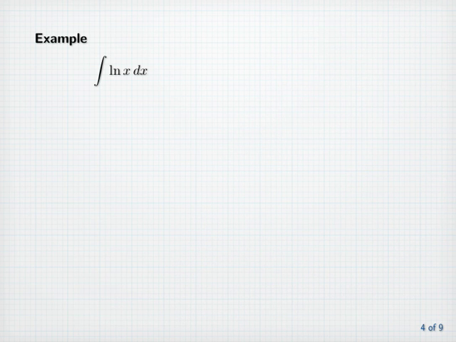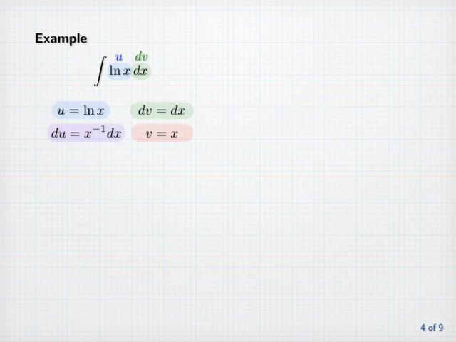Example. Let's find the indefinite integral of the natural log of x dx. It may be a little surprising that this can be done by integration by parts, since the integrand consists of just one factor. But it turns out we can do this by thinking of natural log of x as u and dx as dv. That gives us du equals 1 over x dx, and dv simply equals x.